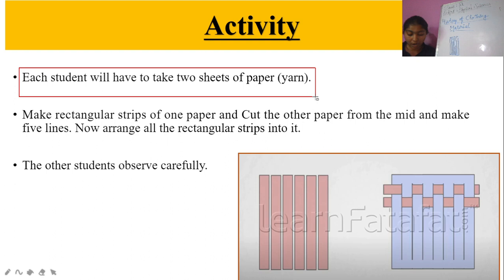You have to make all the strips equal, so that you can easily draw the pattern. Later on you arrange these rectangular strips in such a way that they make a mat-like structure, right? So students, what do we get at last? We get fabric, right? This process we call weaving, okay.